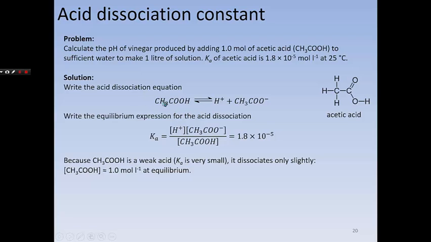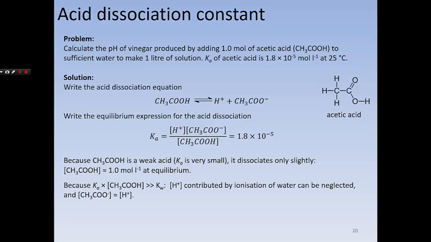So we can assume at the equilibrium position, the vast majority of this acid still exists as acid molecules. So the equilibrium concentration of acetic acid is still around 1 mole per liter, the initial concentration.